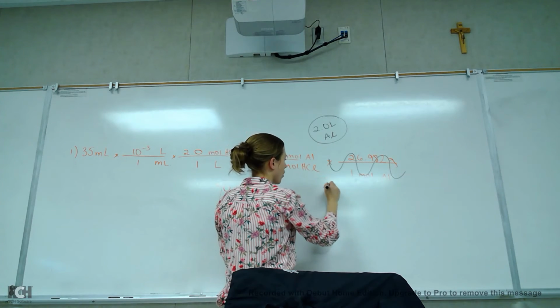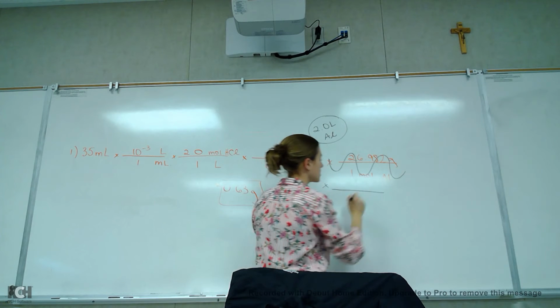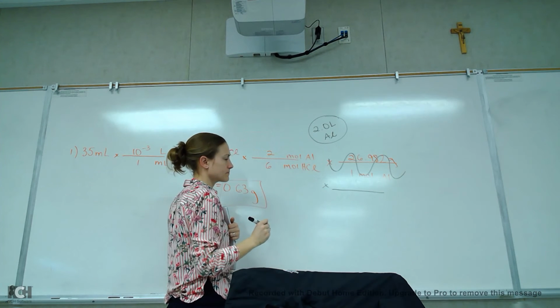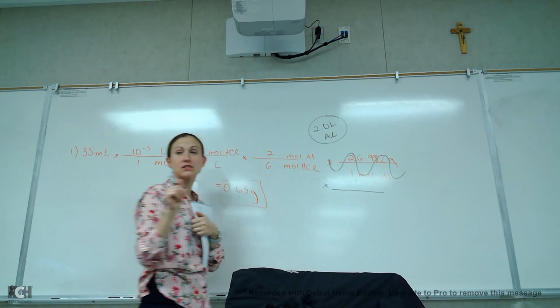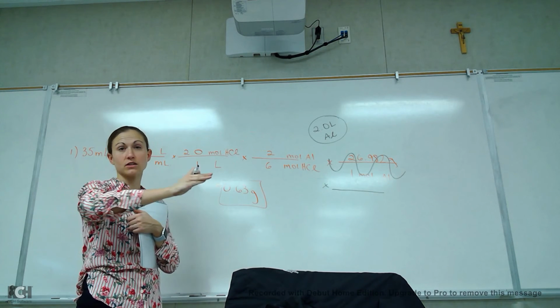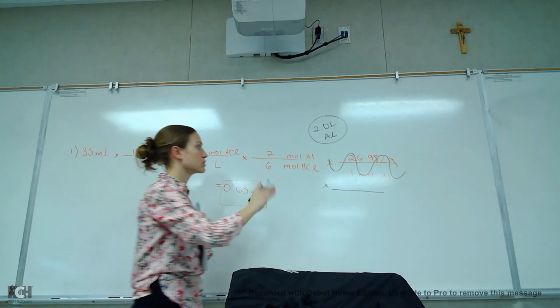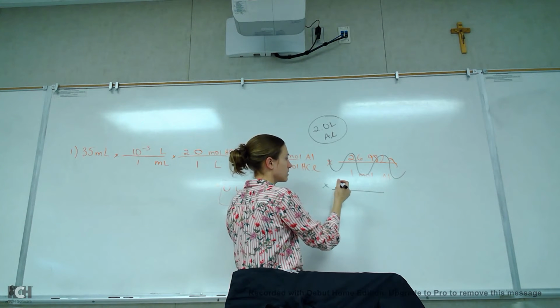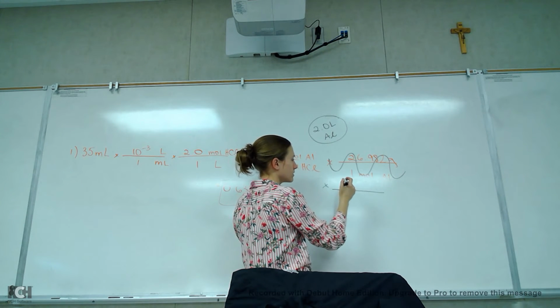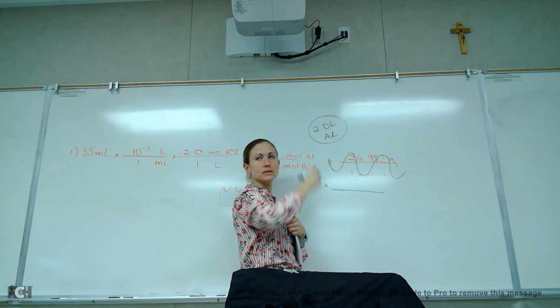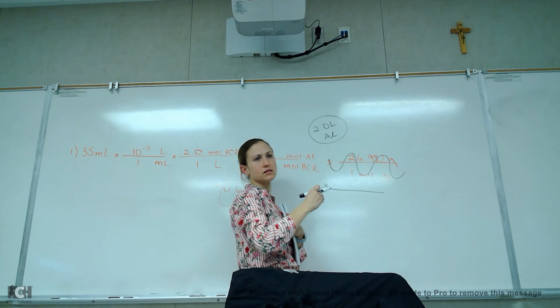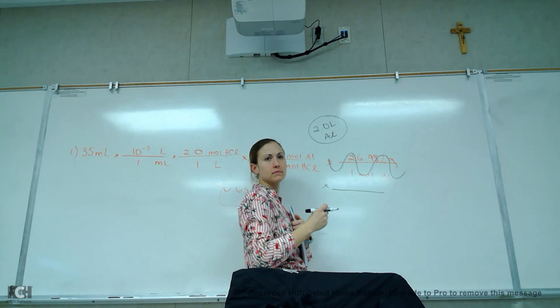Okay. What would I need to put for a conversion factor in order to get into concentration? Which, remember, concentration is moles per liter. I'm in moles right now, right? I want moles per liter, or moles over liters. So what would you put on the bottom?